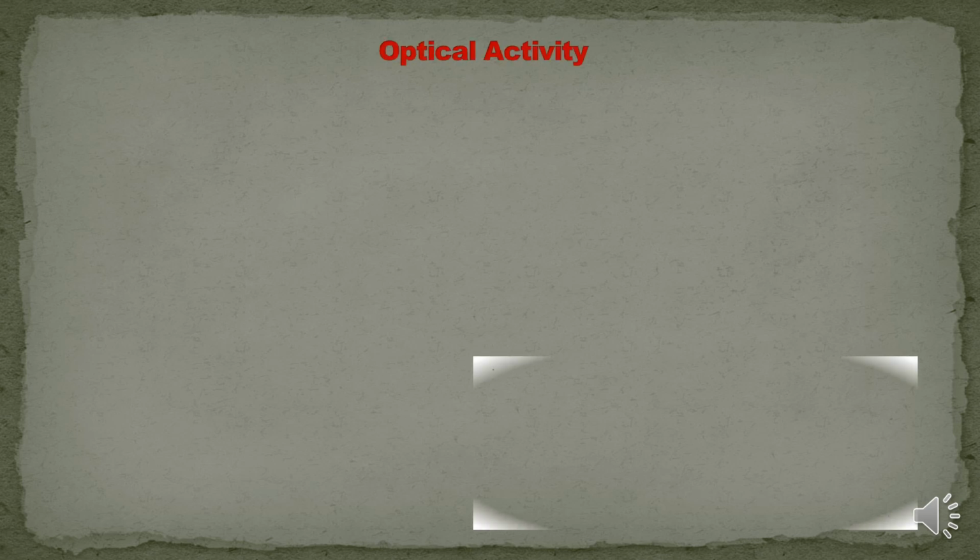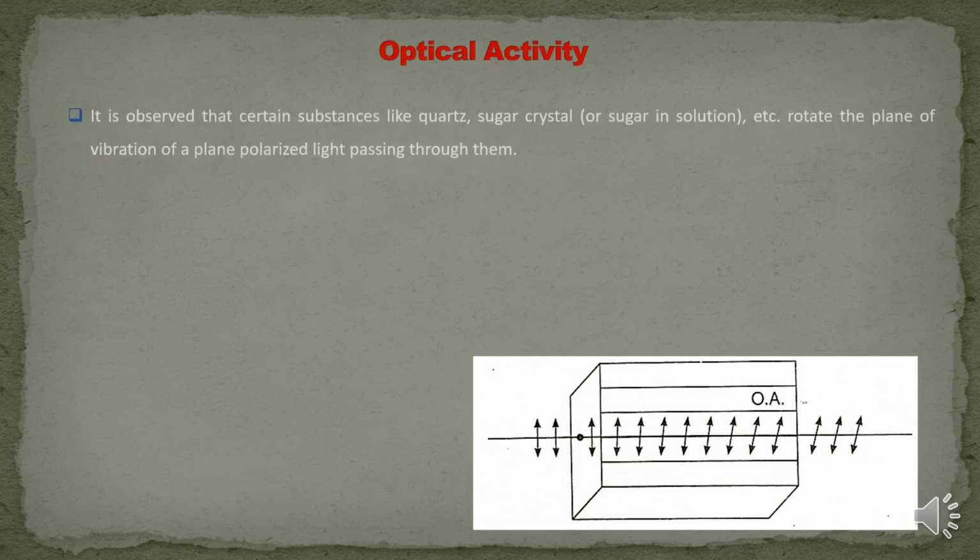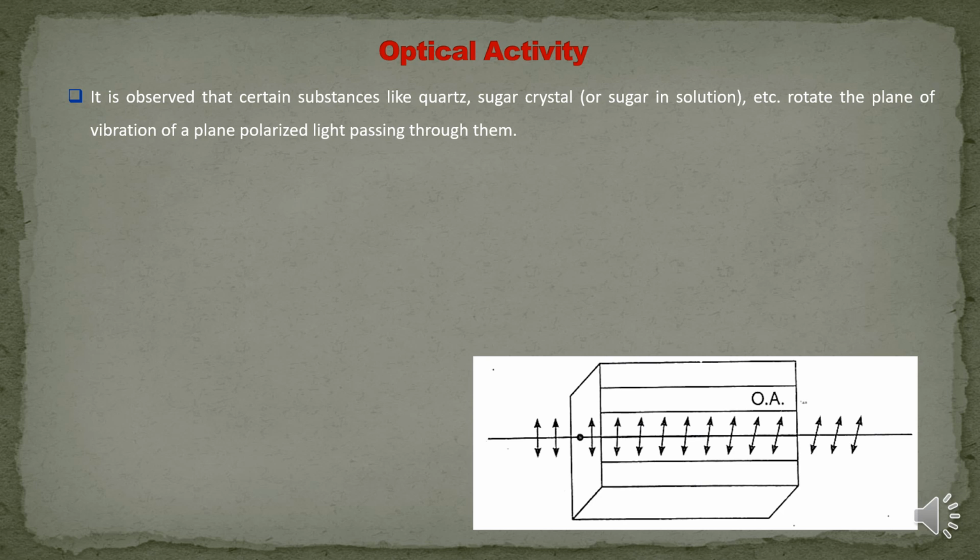Optical activity. It is observed that certain substances like quartz, sugar crystal, etc. rotate the plane of vibration of a plane polarized light passing through them.